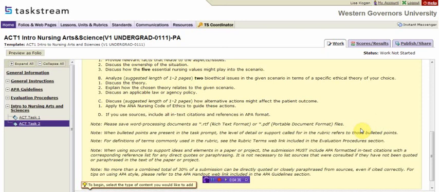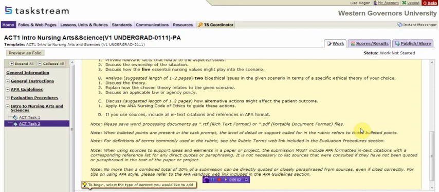And then you need to take the ANA Nursing Code of Ethics and discuss how that would guide your actions. The ANA Code of Ethics is in your book. You can also Google it and find the different rules within that, and then apply these to the actions that you would take to advocate for the patient.